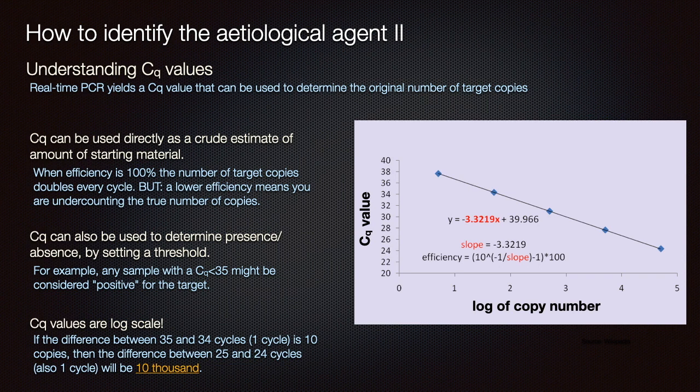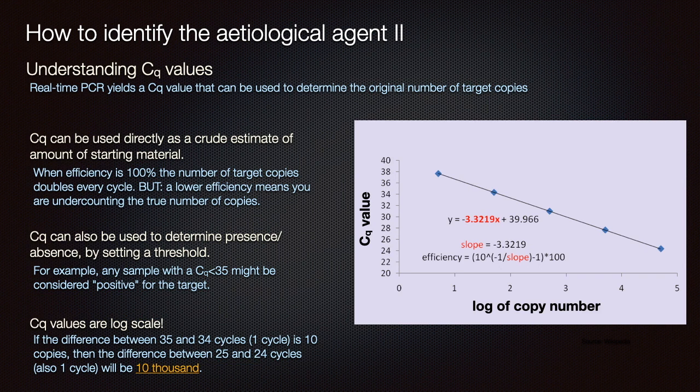Finally, it's very important to remember that CQ values are, one, inversely related to copy number. So the lower a CQ value, the more pathogen was present in the original sample. And CQ values are on a log, not a linear scale. What does that mean?